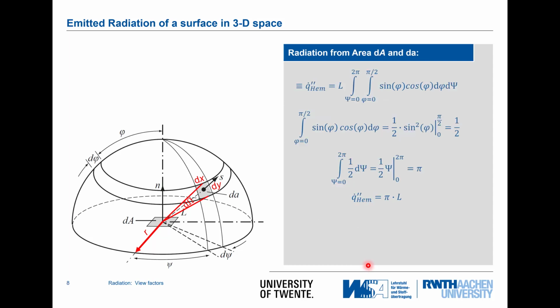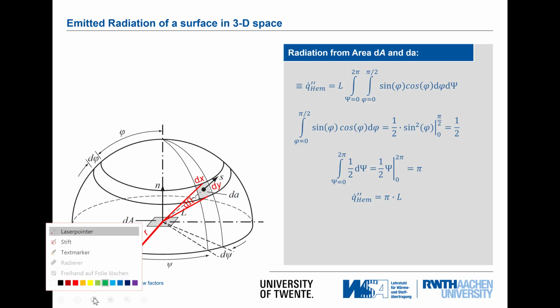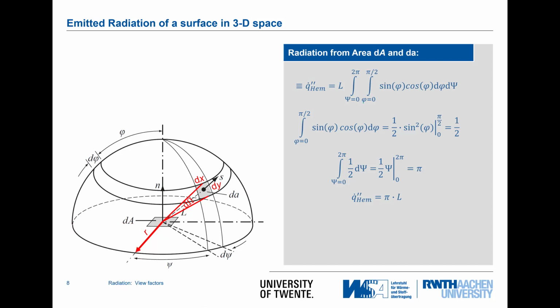Now if we solve this one here, so we have still q dot 2 primes hemispherical is L times this double integral. We solve first the inner integral, that gives us 1/2.